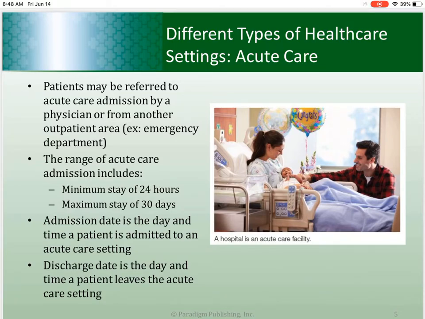In the acute care setting, the patient will receive room, board, and care from the hospital. The day and time the patient leaves the facility are considered the discharge date. A patient is admitted to the hospital by the physician, who must document the admission order in the patient record. The physician must also document a discharge order to officially discharge the patient from the hospital.